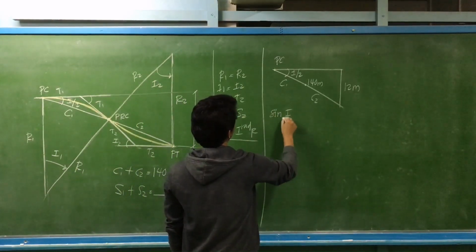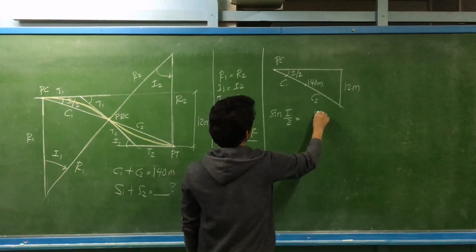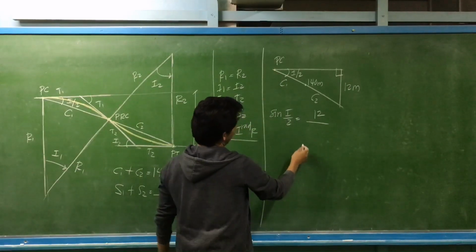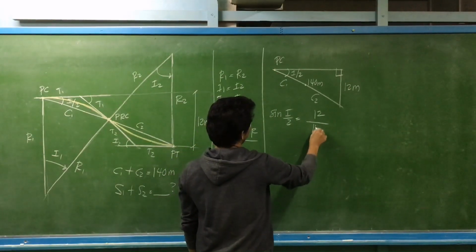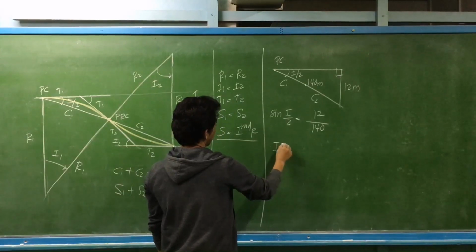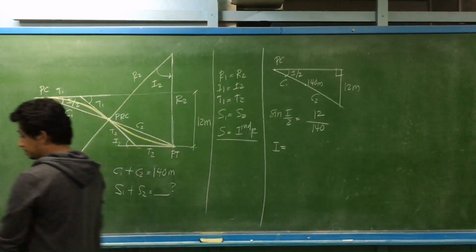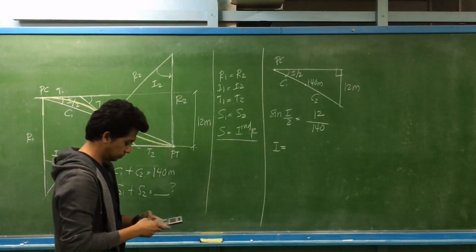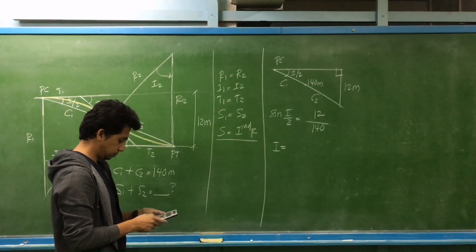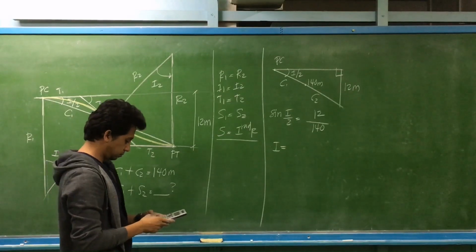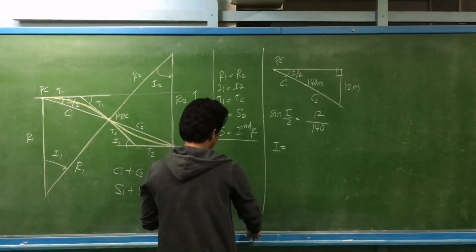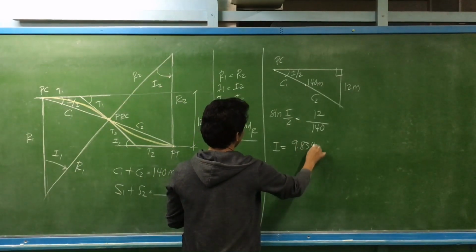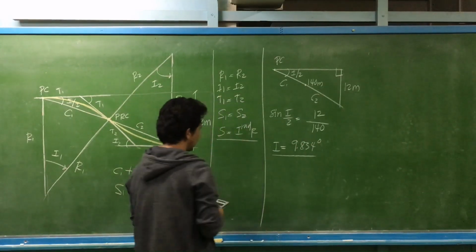The sine of I over 2 is equal to the opposite, which is 12, over the hypotenuse, the perpendicular distance between the parallel lines, that is 140. So what will be the central angle of the two curves? They have a central angle equal to 9.834 degrees for both curves.